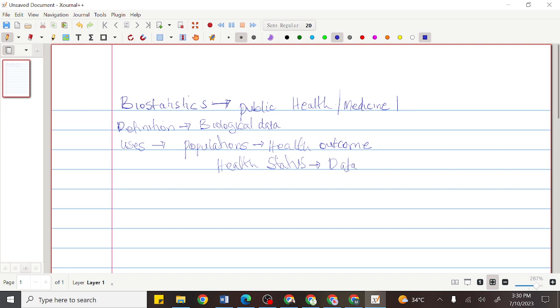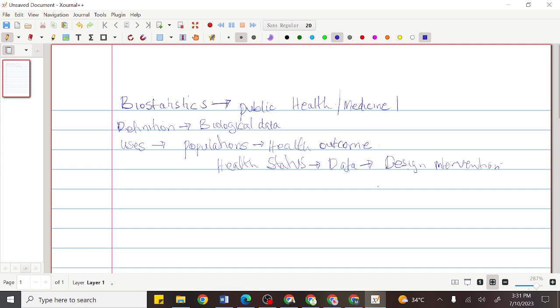So basically we use data to determine the level of health of populations. So that is one way in which data is very vital. So if we understand now their level of health, then we can design interventions that can improve their health.